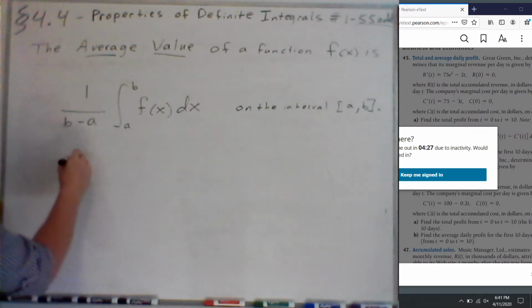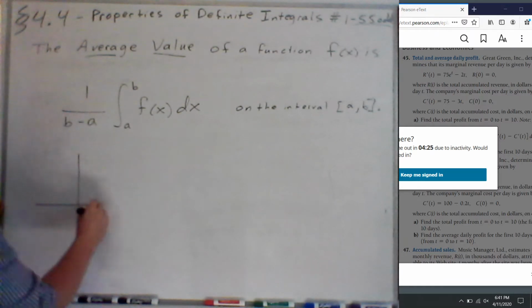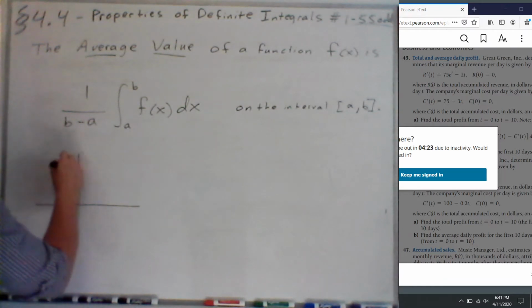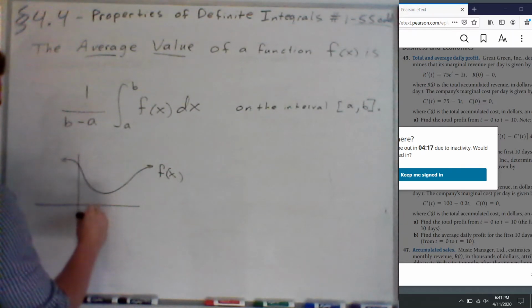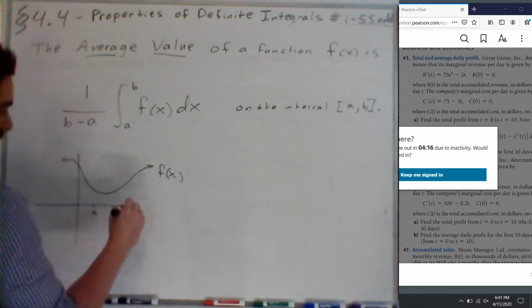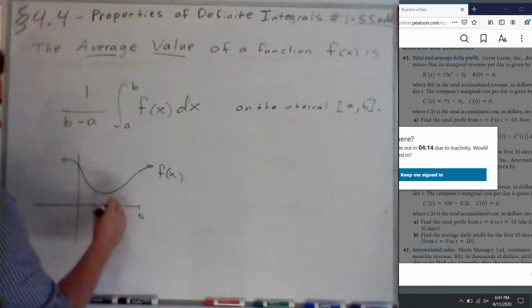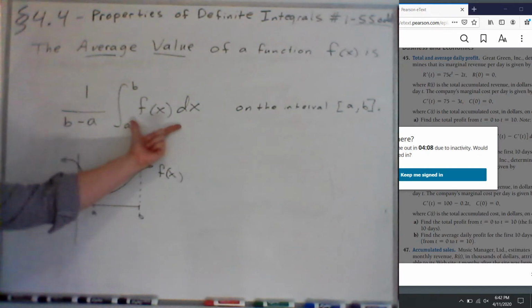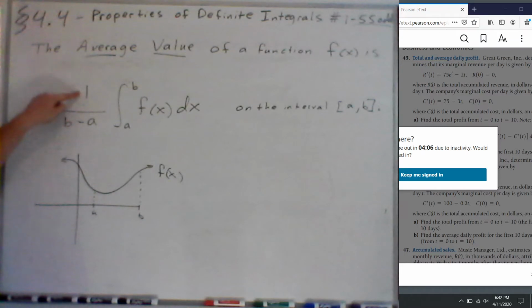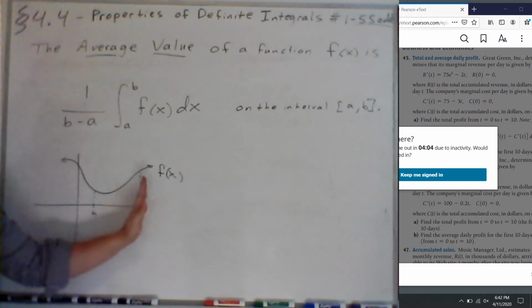So kind of, graphically, what are we doing here? Well, we're taking a function f of x, and we're looking on some interval, say a to b, from here to here. Now, we're not finding the area under the curve. We're actually dividing by the length of the interval.